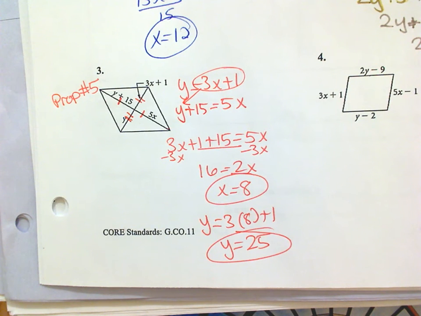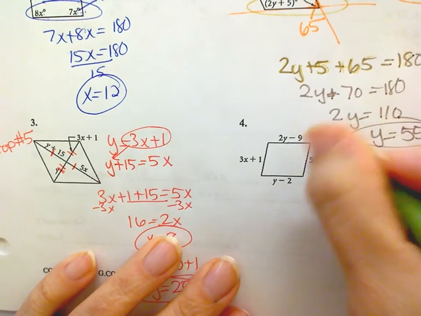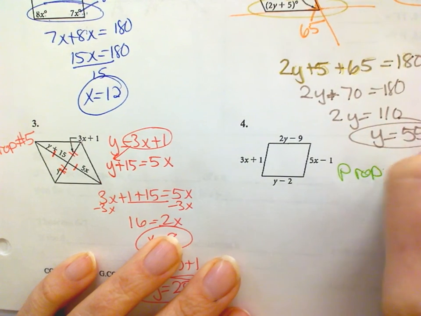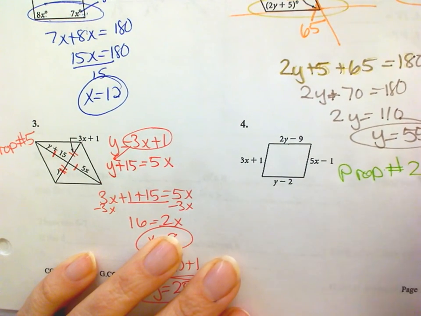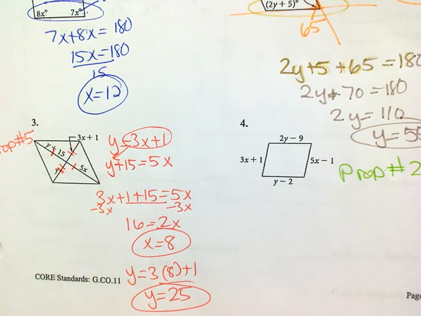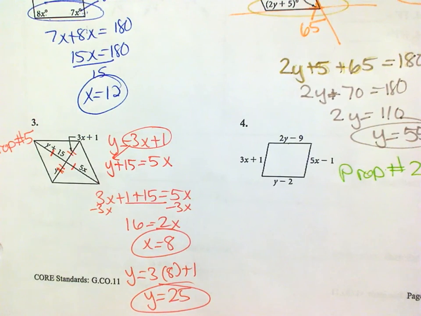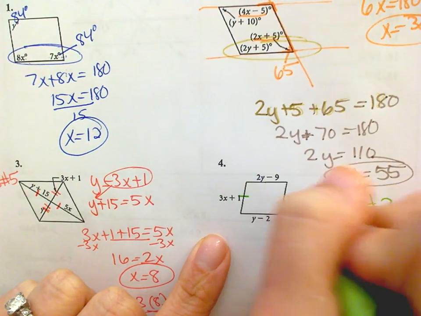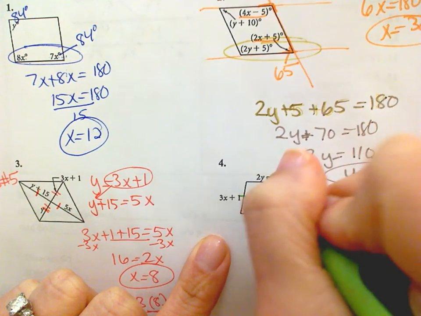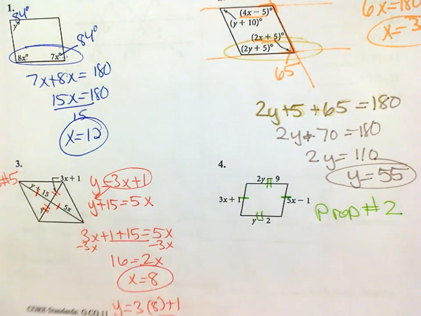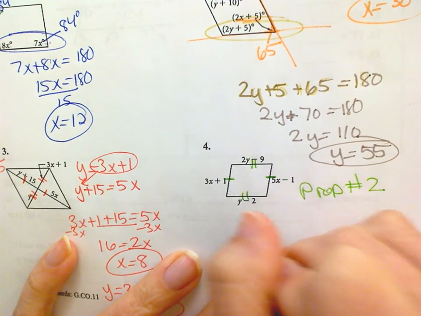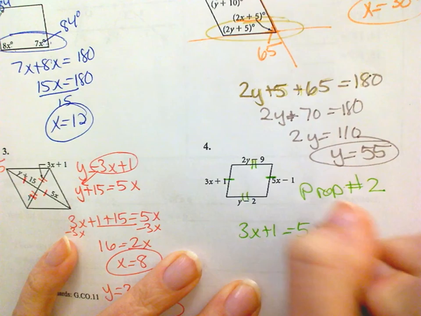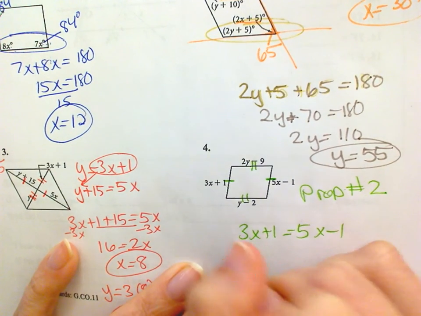All right, number 4. Number 4, you have the sides. So this is referring to property number 2. And opposite sides, they're parallel and congruent. So this one and this one are the same, and the top and the bottom are congruent. So this is pretty nice. 3x plus 1 equals 5x minus 1.